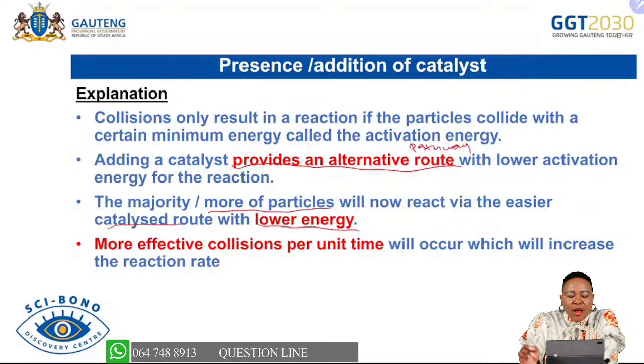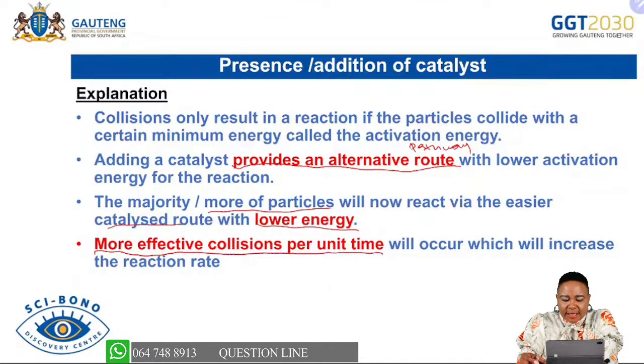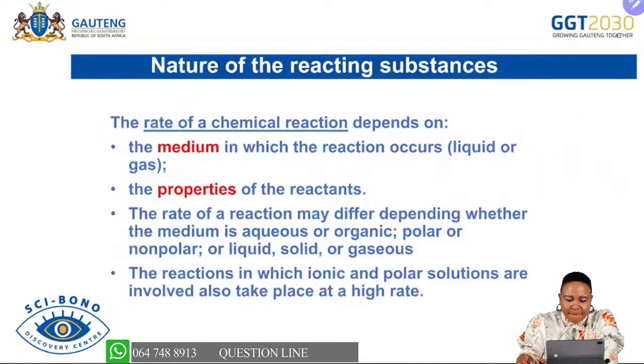So there will be more particles with sufficient energy that is equal to or greater than activation energy, and there will be more effective collisions per unit time. Therefore the reaction rate will increase. So all the factors that I've just mentioned affect the rate of reaction in different ways. So we need to know how each factor affects the rate of reaction.